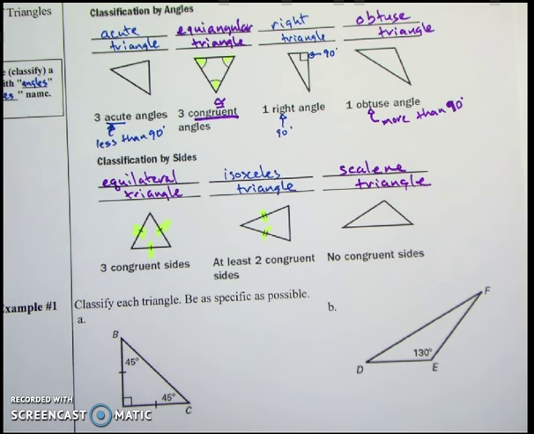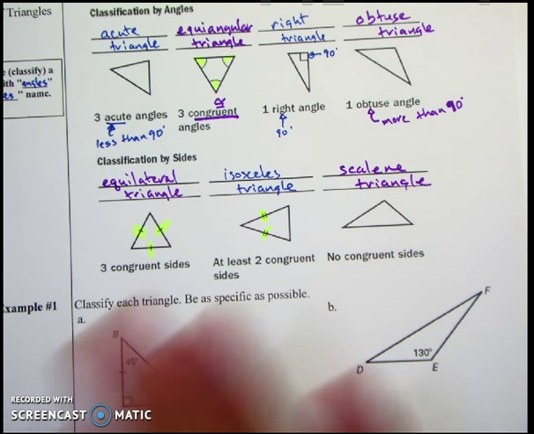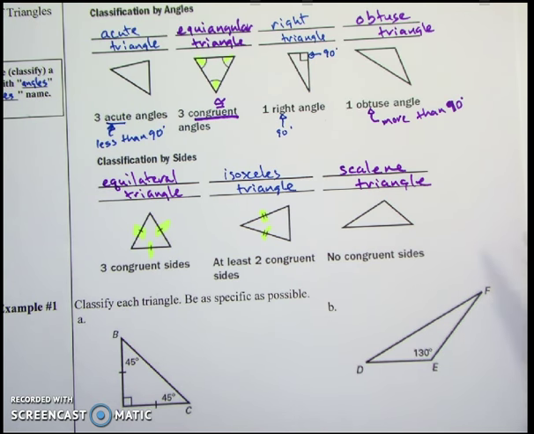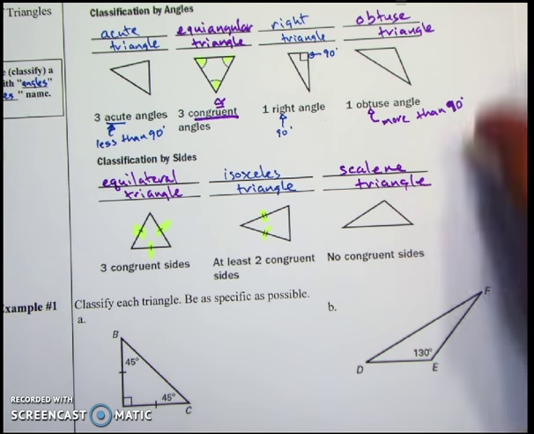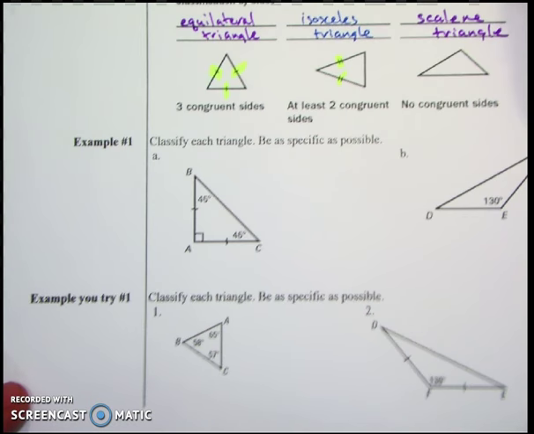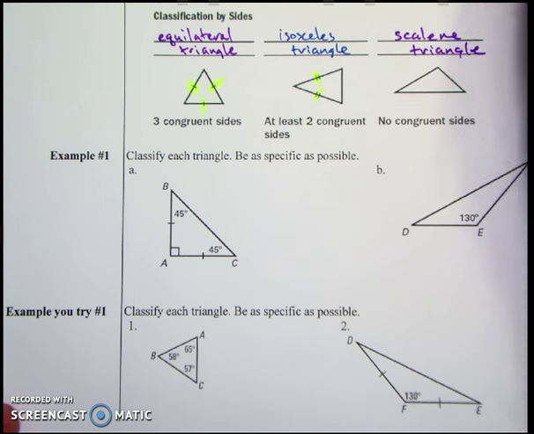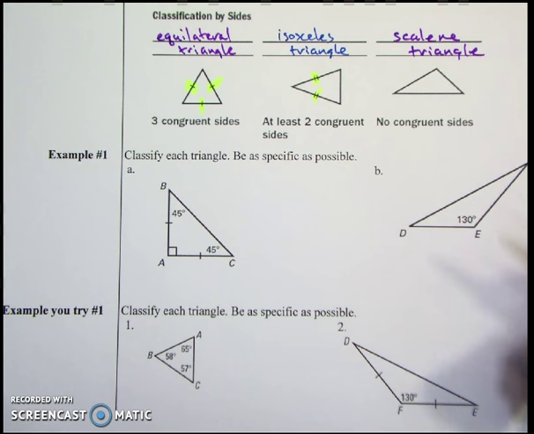So, keep it really simple. If you want to name a triangle, you start off with an angle, and then you go with a size. So let's take a look at the first example. We want to look at the angle first.